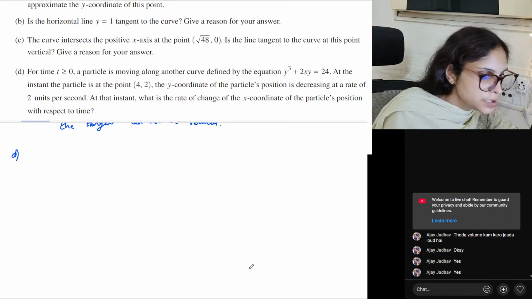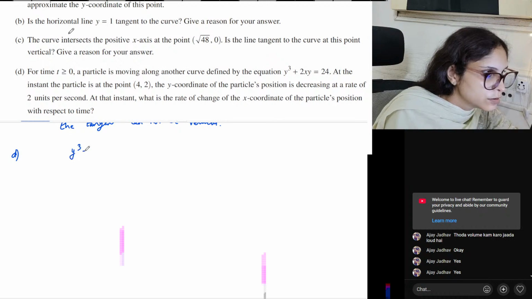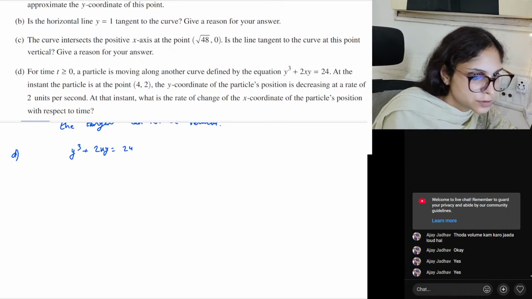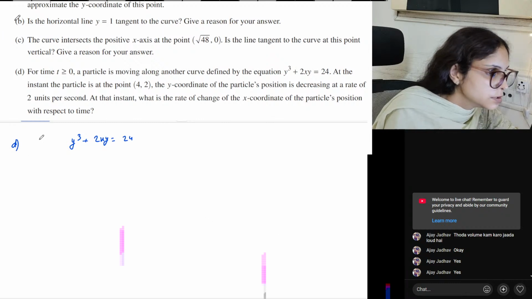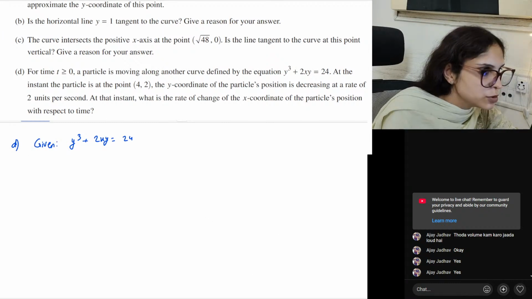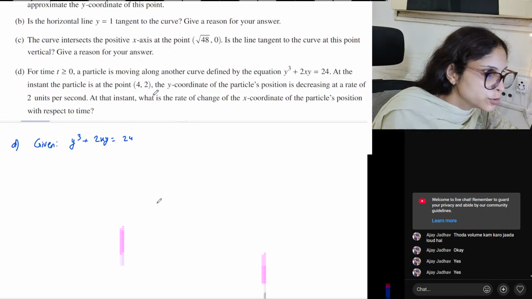So for this part, the curve is y cubed plus 2xy is equal to 24. This is what is given to us. The next thing that is given to us is the point 4, 2.